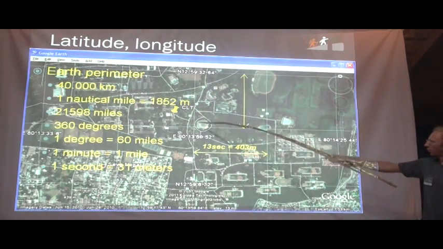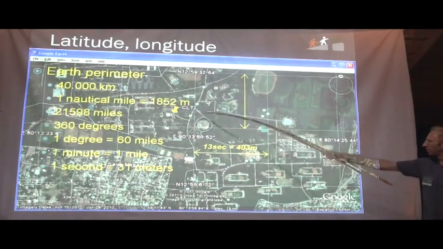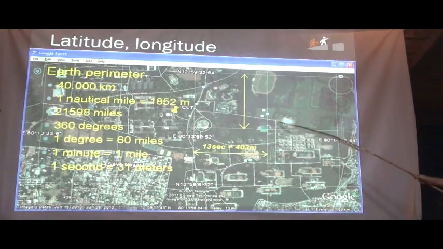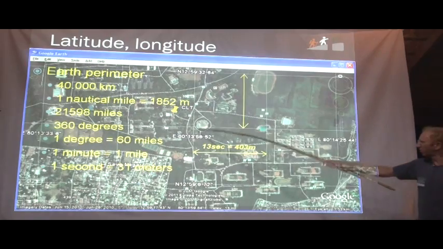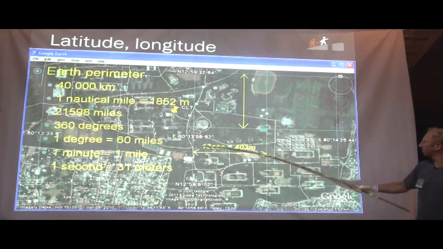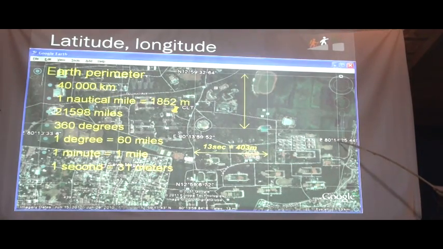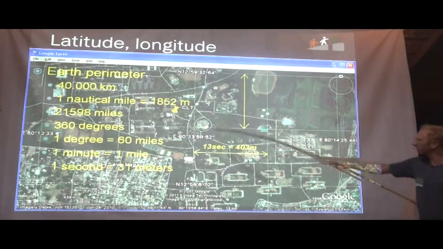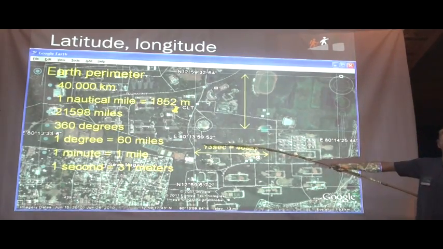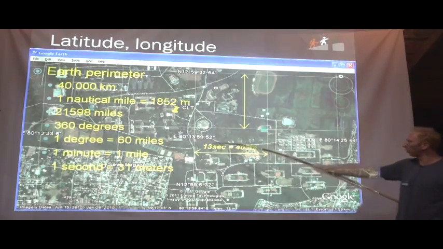I've zoomed into a level where the distance between this line and this line is around 13 seconds. Here you can see 13 minutes, 59 seconds. Here you can see 14 minutes, 25 seconds. So the difference between two lines is 26 seconds, which means this is around 13 seconds.